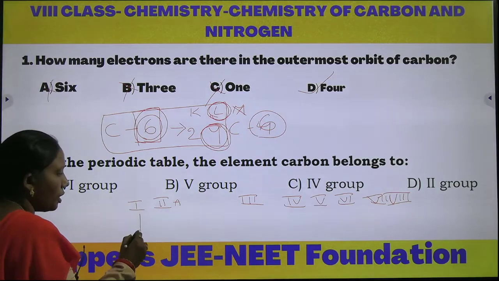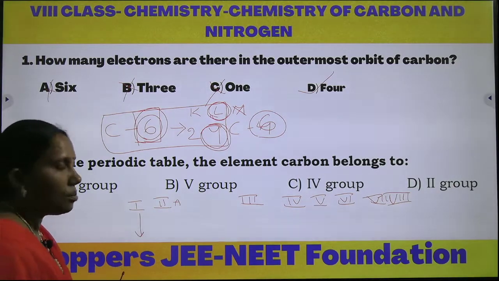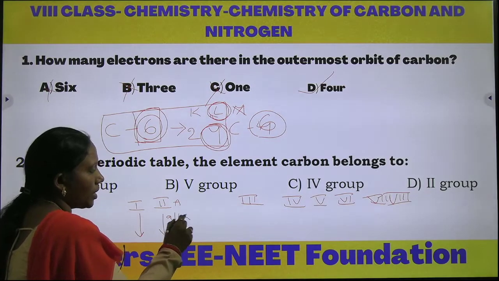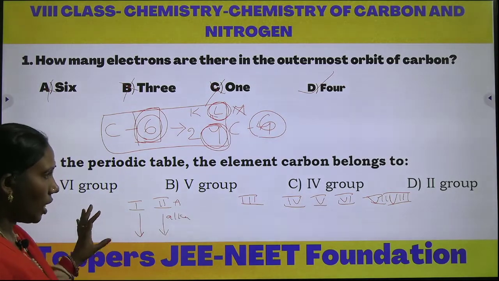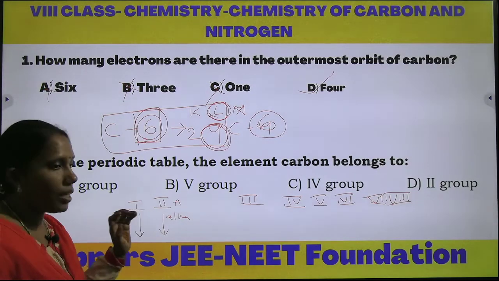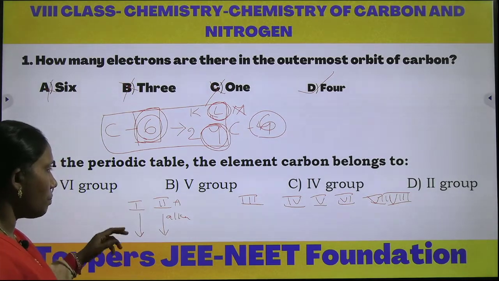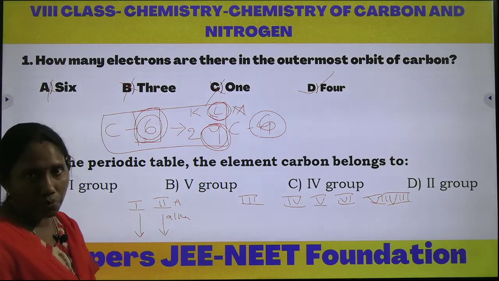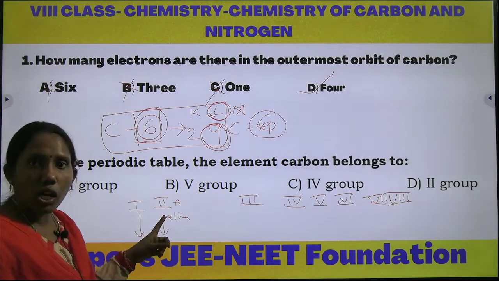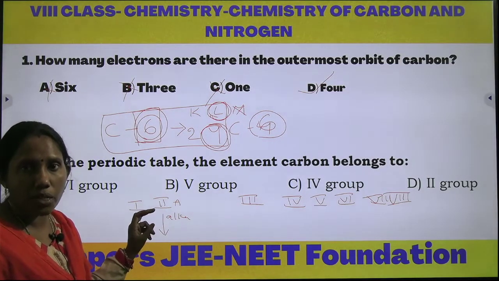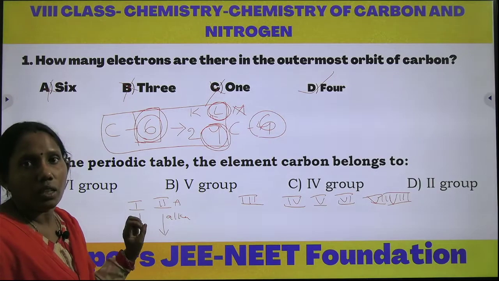The first group are the alkali metals, and the second group are the alkaline earth metals. In the first group, hydrogen generally plays separately; we have lithium, sodium, potassium, rubidium, cesium, francium. The second group has beryllium, magnesium, calcium, strontium, barium and radium.